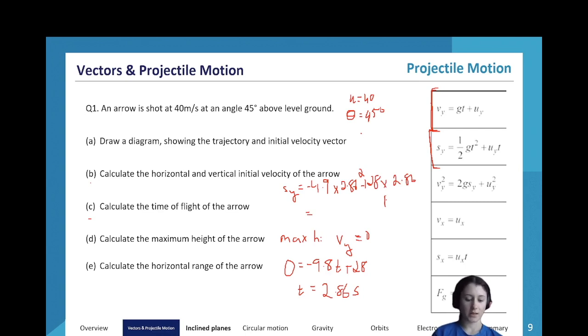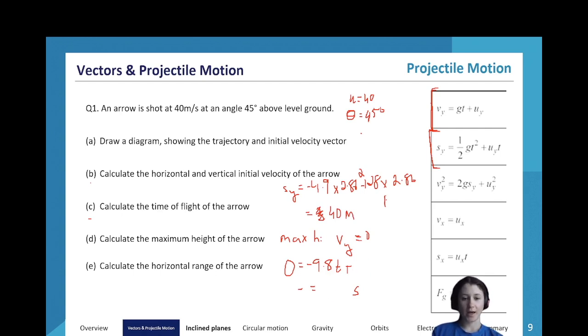Let's see what this gets us. This gives us an answer of 40 meters. So that's the maximum height of the arrow.